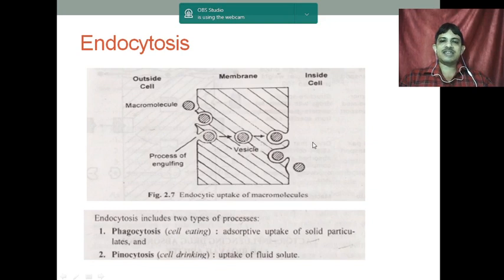It is the process of engulfing. If it is solid in nature, it is known as phagocytosis. If it is liquid in nature, it is known as pinocytosis. So this is about the process.